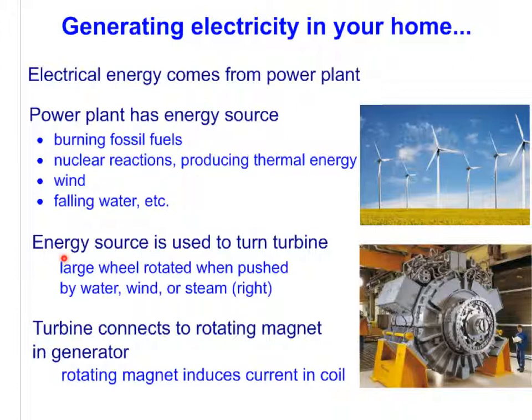That energy source, whatever it is, is used to turn a turbine. Here's an example of wind turbines. A turbine is simply a large wheel that's rotated when it's pushed. It could be pushed by water, by wind, by steam, by a lot of different things. Here's just an example of some being pushed by wind.